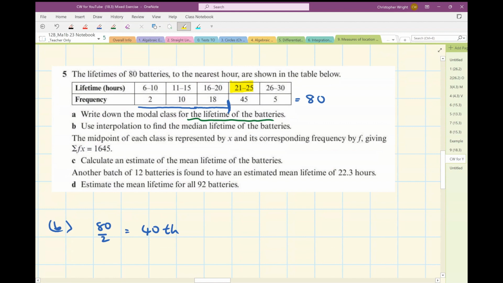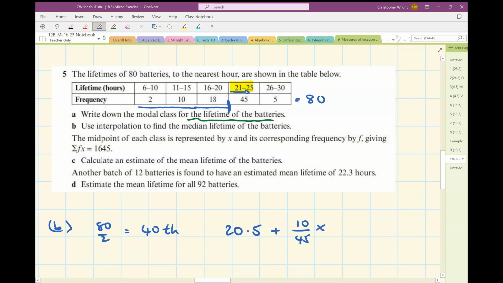Now, be very careful. What is the starting lifetime of that group? It is not 21, it's 20.5, because each of these times is to the nearest hour. So 20.5 hours. Now I'm going to need to make my way into this group here. How far will I need to go? Well, I've already got 30 batteries taken care of in the first 3 classes, so I'm going to need 10 more batteries. So I'm going to need to go 10/45ths of the way through that class.